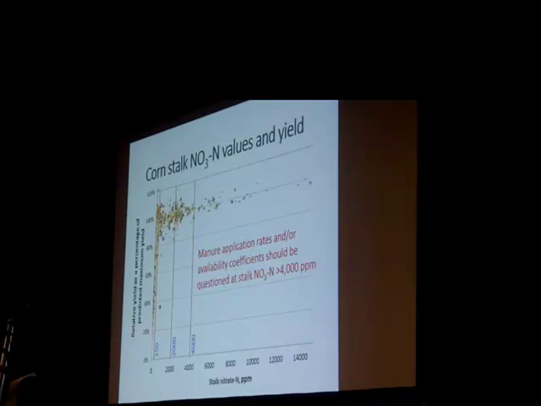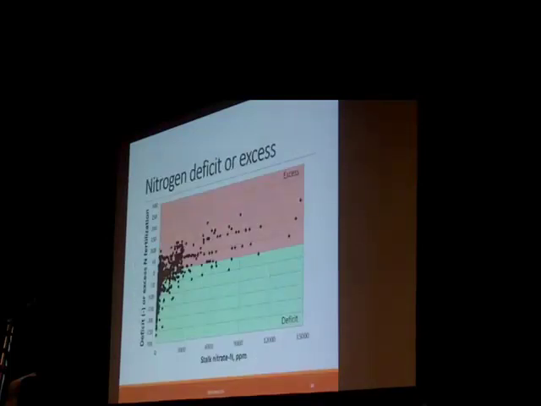You can easily have 30 or 40 pounds too less one year and 30 or 40 pounds too much the next year and be doing a good job. But I'd say once you get above 4,000 parts per million, your nitrogen program is providing too much nitrogen, and you ought to consider making modifications.